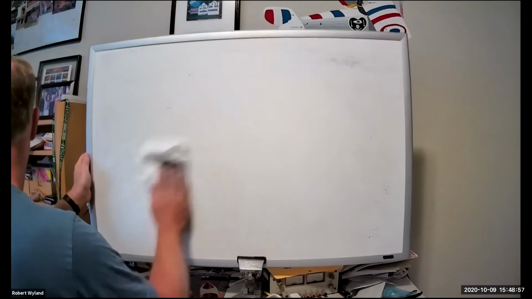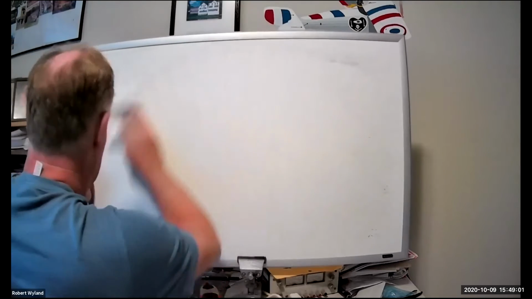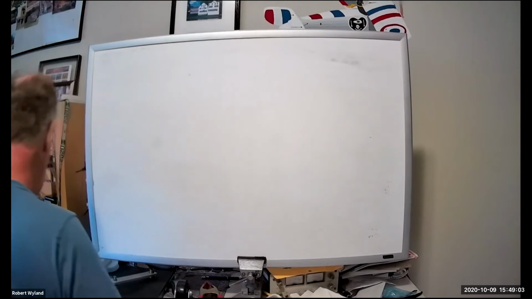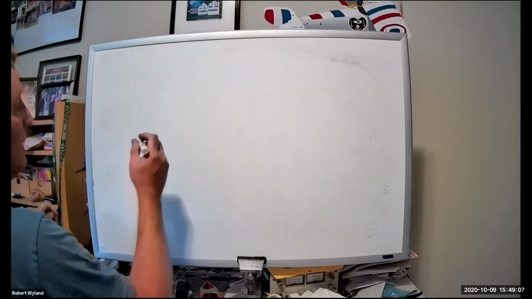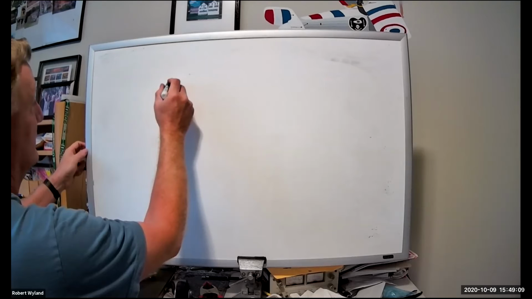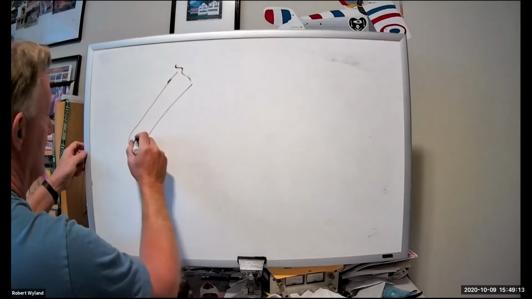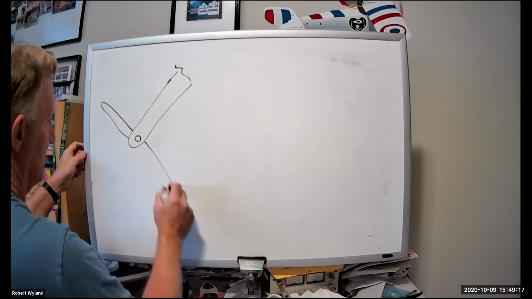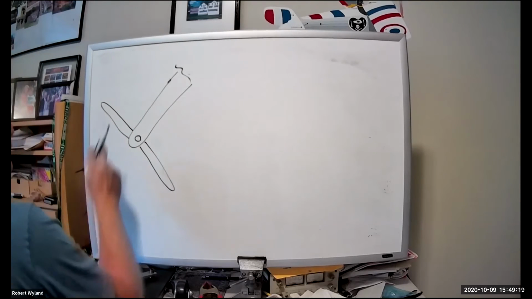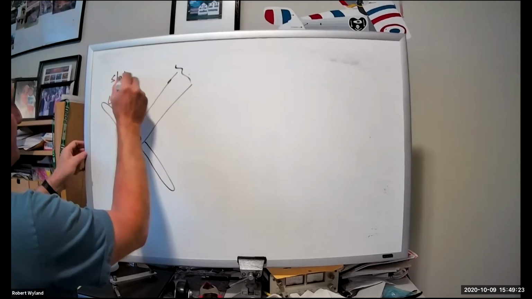So the next one is a pin in a smooth guide. If you want to look at this, that's a slot.